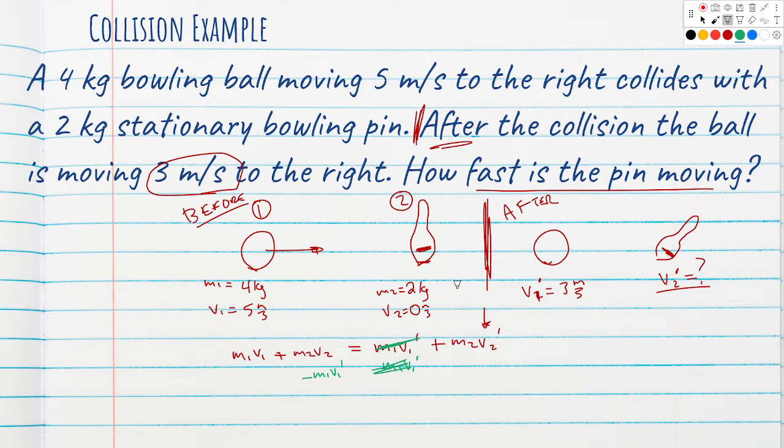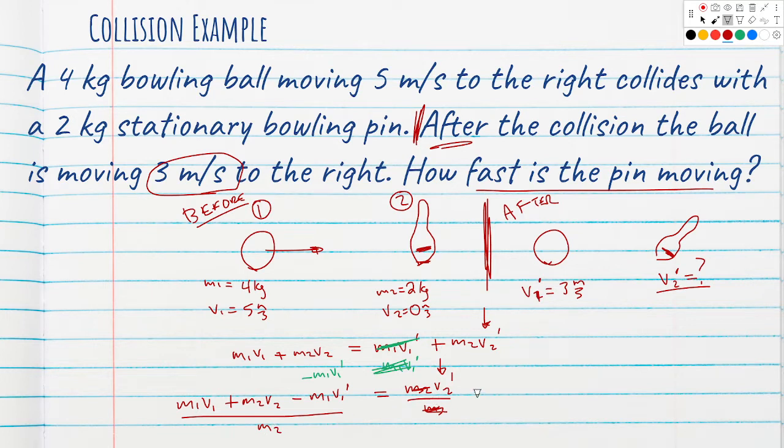It would cancel on the right, and I'd have M1V1 plus M2V2 minus M1V1 prime, all equal to M2V2 prime. Since I want to get V2 prime by itself, I need to get rid of M2. These are being multiplied, so I need to divide to cancel, M2 top and bottom. That means I need to divide the left-hand side by M2.